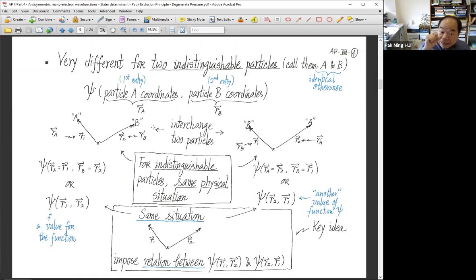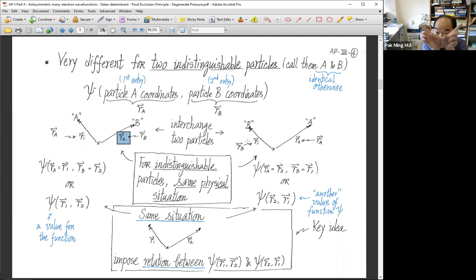If they are indistinguishable particles, I repeat the argument. The first entry, I call it the A particle, the second entry, the B particle, because I have two, okay? I find some way to call it, but the situation is that on the left, I have the first entry being R1, second entry being R2.